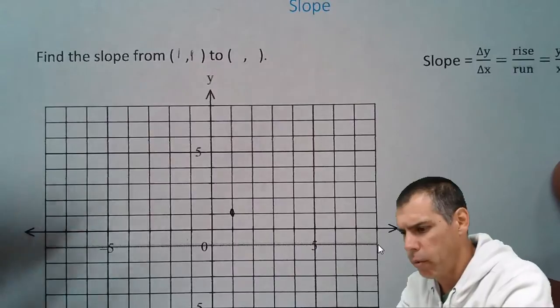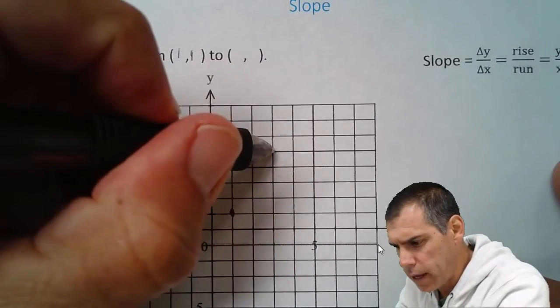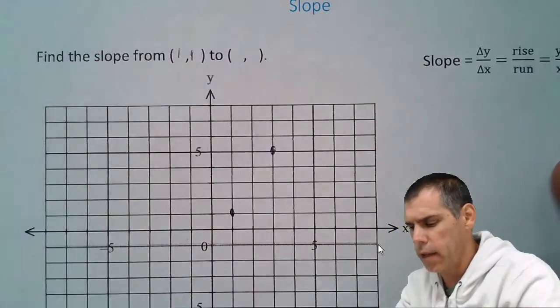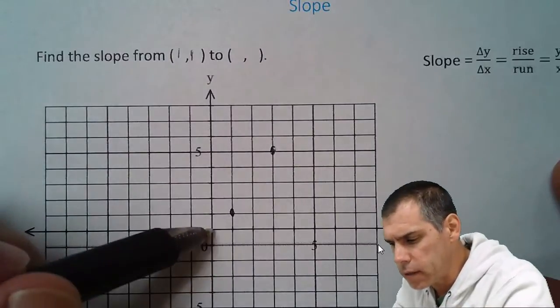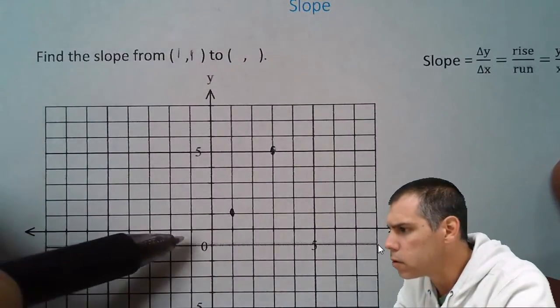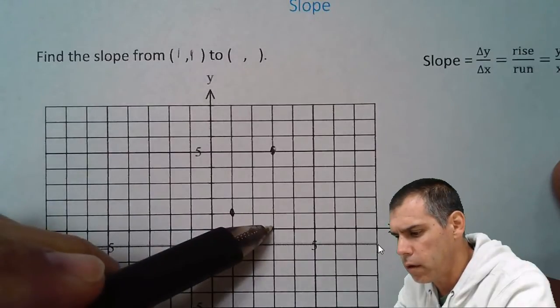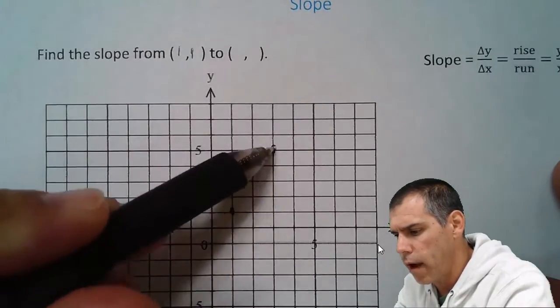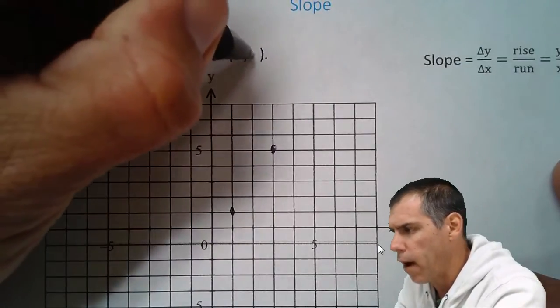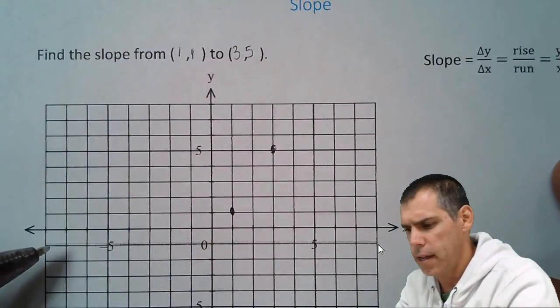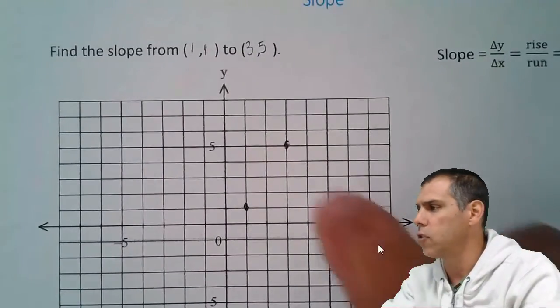And going to the point, let's say right here, 1, 2, 3, 1, 2, 3, 4, 5. So 3, 5. And so the question is, find the slope from this.